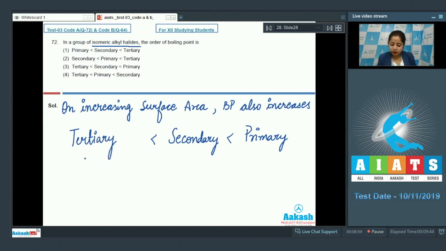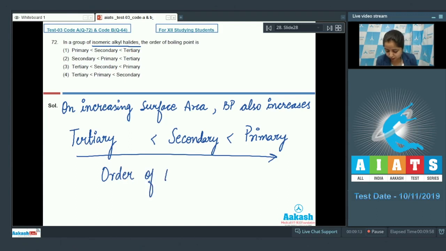That means the order of boiling point will be the same. Primary halides will have higher boiling point than secondary, which ultimately have higher boiling point than tertiary halides. So this is the order of boiling point. Thus, this is possible for isomeric alkyl halides. So the correct answer for this question is option number 3.